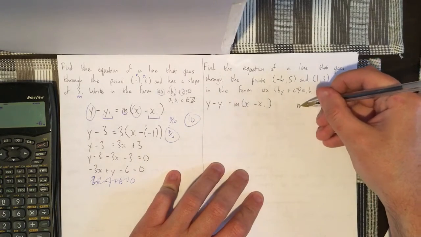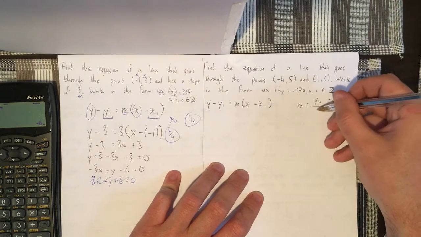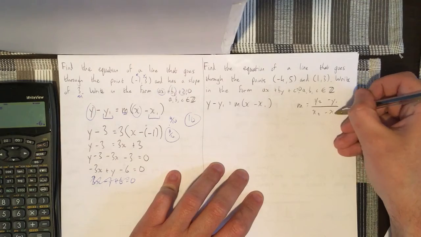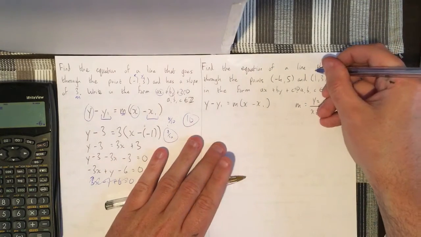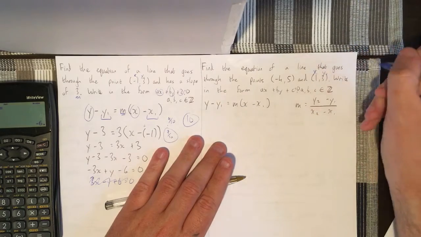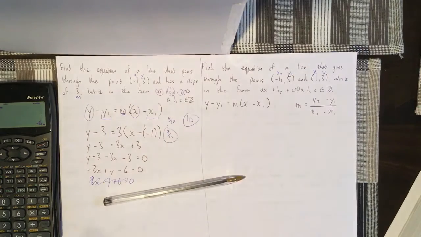So slope formula, y2 minus y1 over x2 minus x1. So I'm going to call this one x1, y1. I'm going to call this x2, y2.